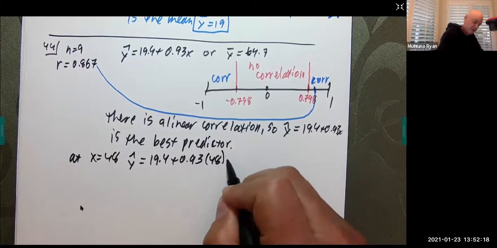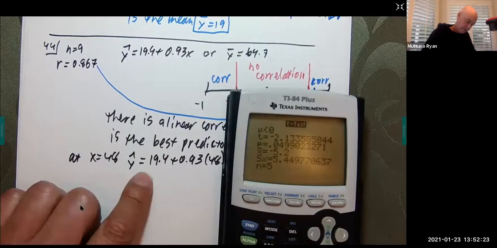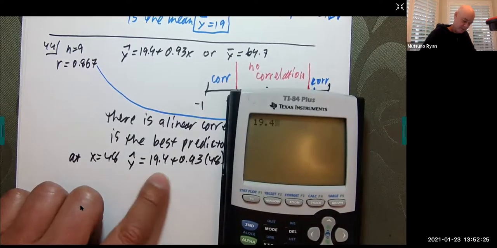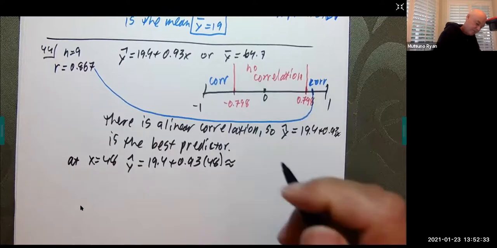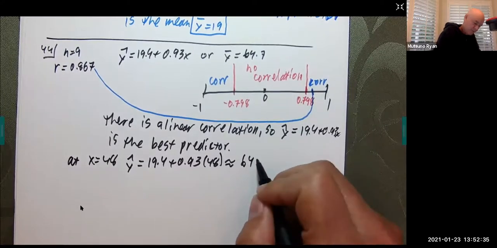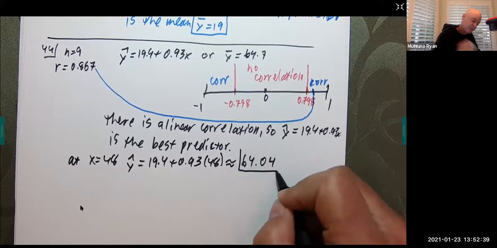Let's see what we get. 19.4 plus 0.93 times 48 is 64.04, pardon me. So this is the best predictor.